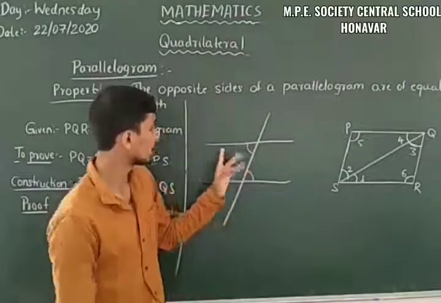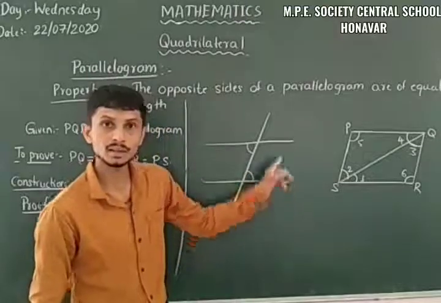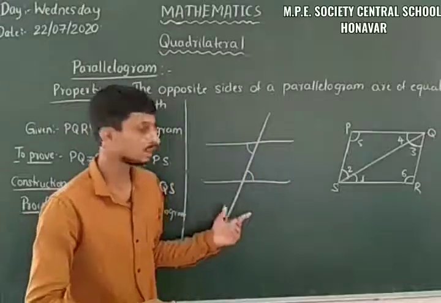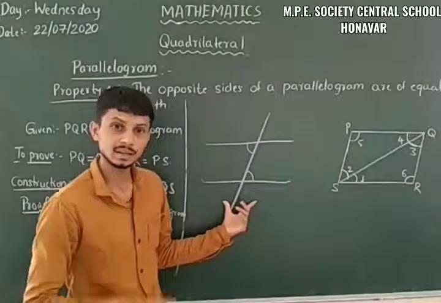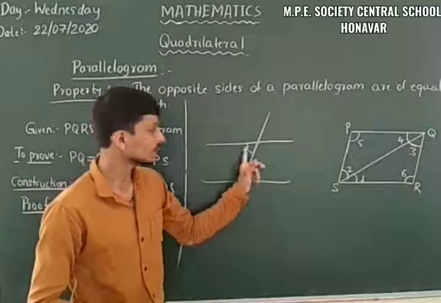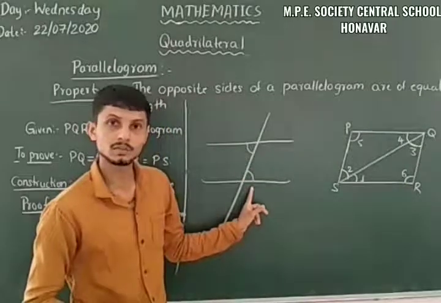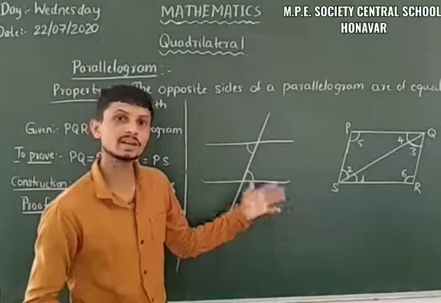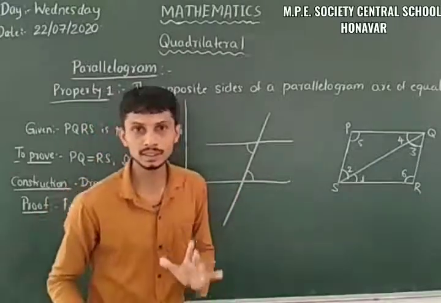When these two lines are parallel and a transversal intersects between them, these two angles are always equal. Alternate angles are always equal.